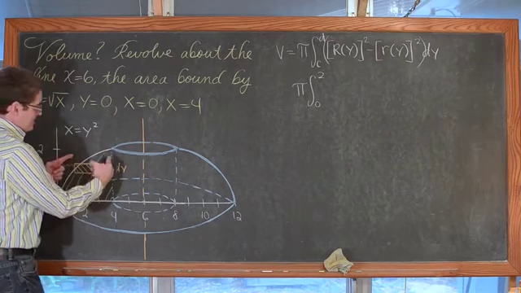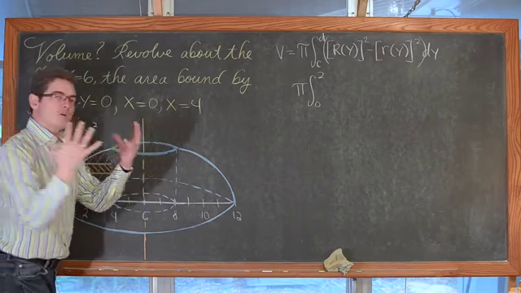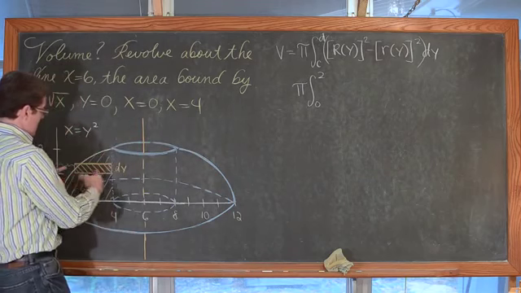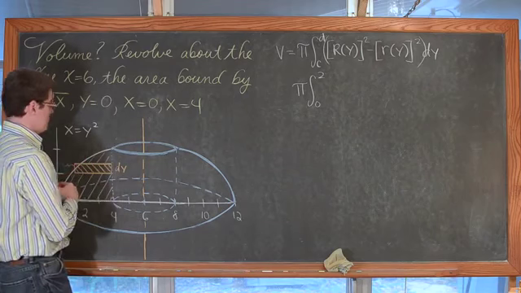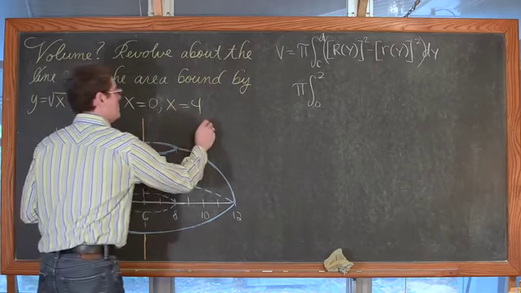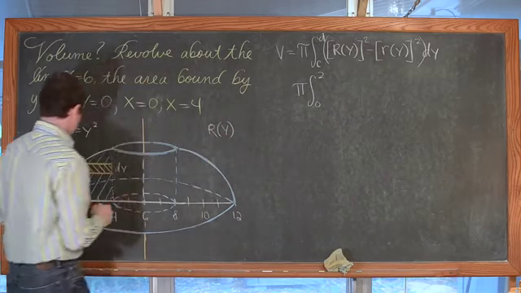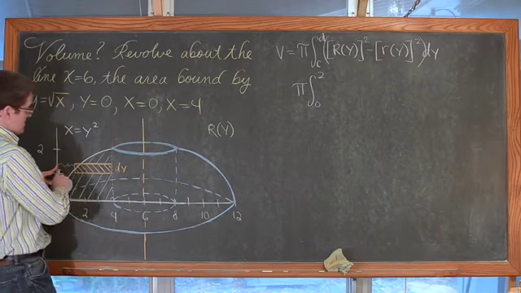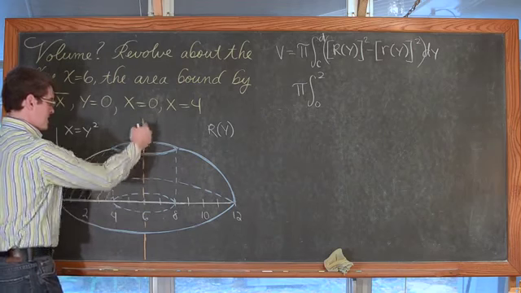I can't find a disk with a hole in it. I need to find the volume of a larger disk and then subtract out the area of the inner disk. So I can't just say, well, how long is this orange rectangle? I need to find a function that would give me capital R of y. So as I work my way up the y-axis, my axis of rotation is x equals 6.